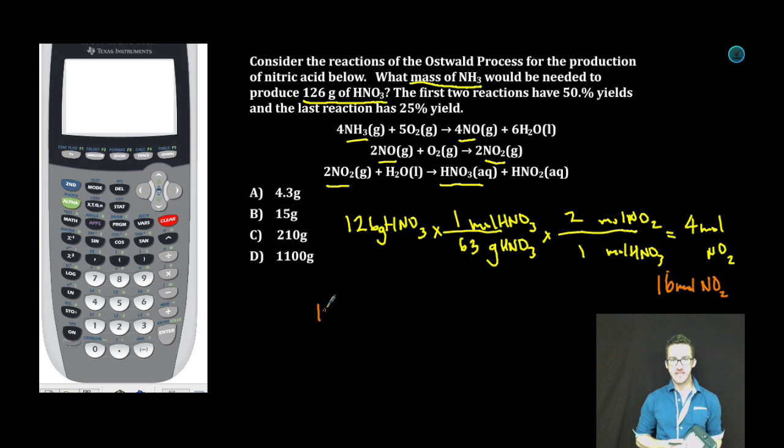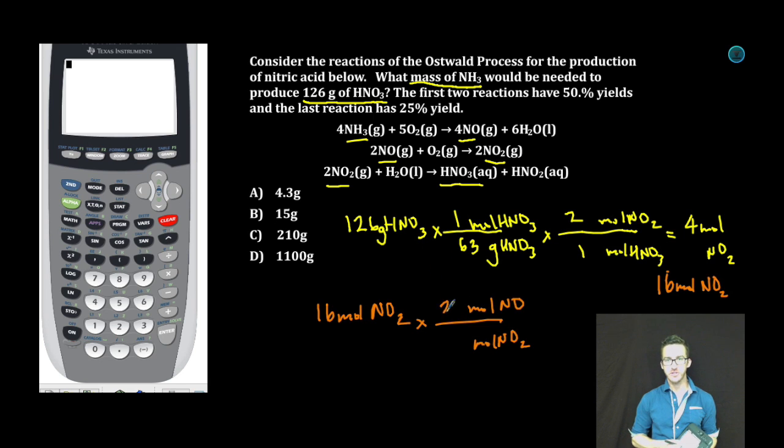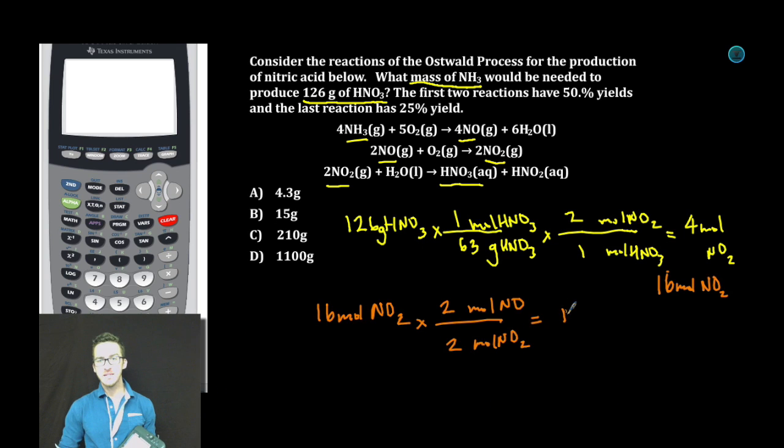Okay, so what is it going to take to get 16 moles of NO2 from NO? Let's go back here. I'm going to do moles NO2 to moles of NO. Here my ratio is 2 to 2. It's going to be 16 moles of NO. But again, keep in mind, that's assuming 100% yield. If I started with 16 moles of NO, I would get 16 moles if it was 100%.